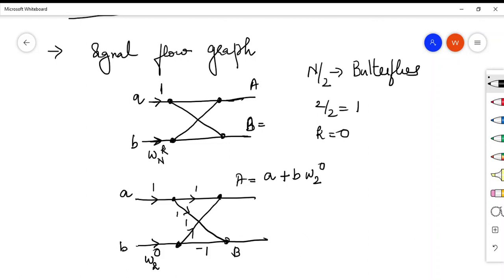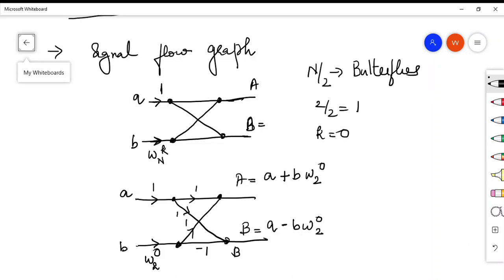Now here, B will be equal to, again A is coming, so A minus B into W_2^0. This is how you draw the butterfly diagram for a 2-point sequence. So after computation of this algorithm, you have 2 numbers. This is another complex number, which is equal to A plus B W_2^0. Here B is equal to A minus B W_2^0.